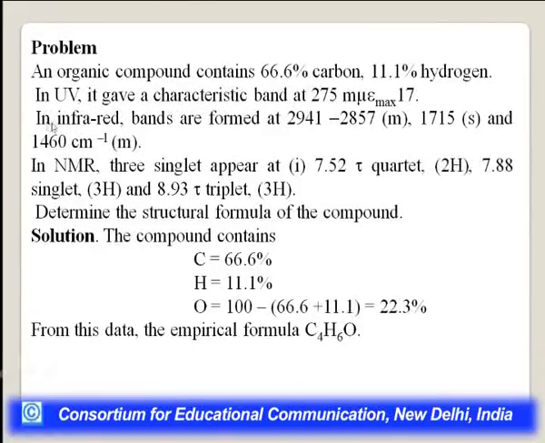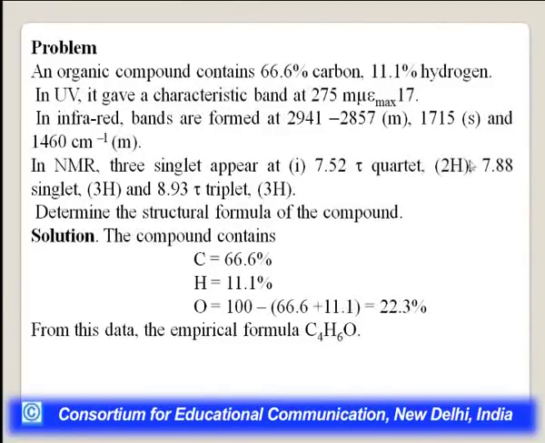Now another data, that is infrared. IR bands are at a value of 2941 to 2857 centimeter inverse, medium, and a strong peak at a value of 1715, and another medium peak at a value of 1460 centimeter inverse. In NMR, a singlet peak appears at a value of 7.52, a quartet for 2 hydrogens.